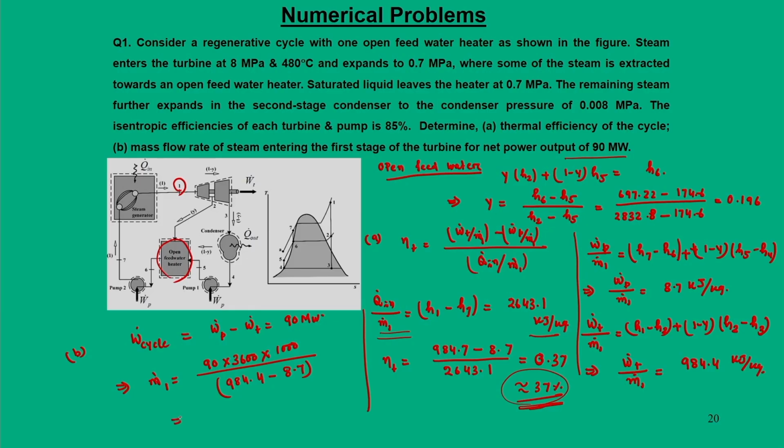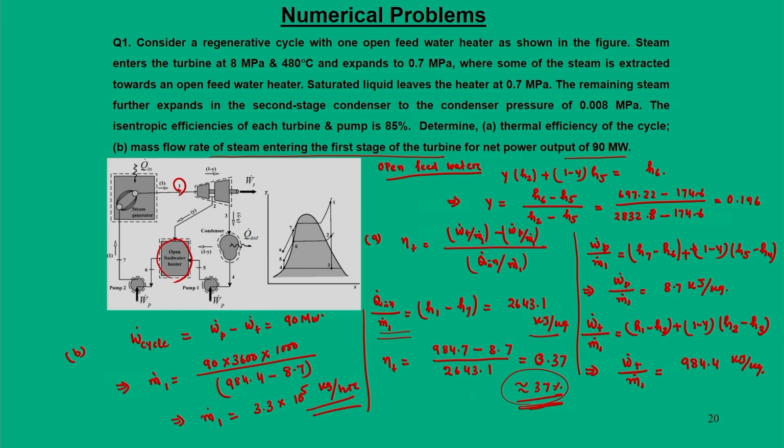From this, m1 dot, the mass flow rate of steam entering the first stage of the turbine at state 1, is 3.3 into 10 to the power 5 kg per hour.